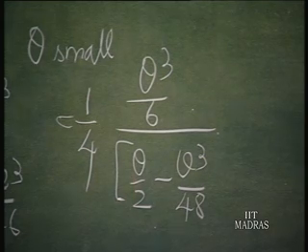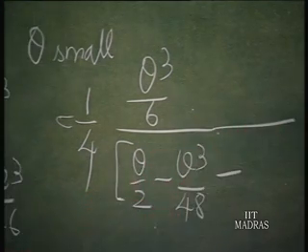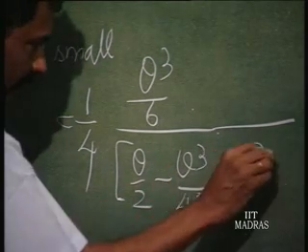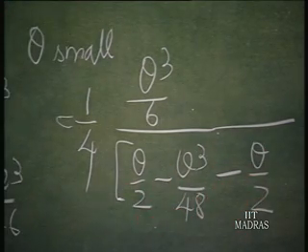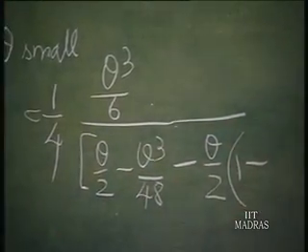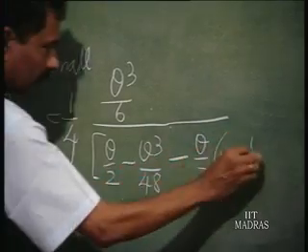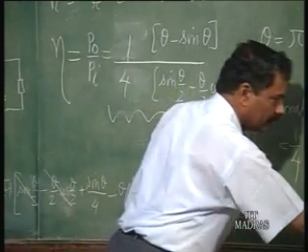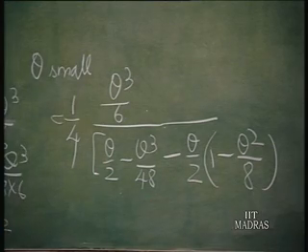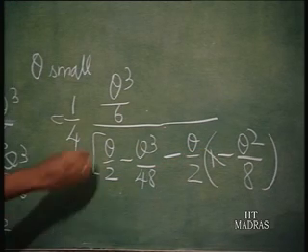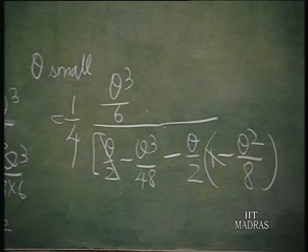Then minus theta by 2, that is remaining as such, into cos theta by 2, which is 1 minus theta squared by 8. So, once again you have theta by 2 getting cancelled with theta by 2.